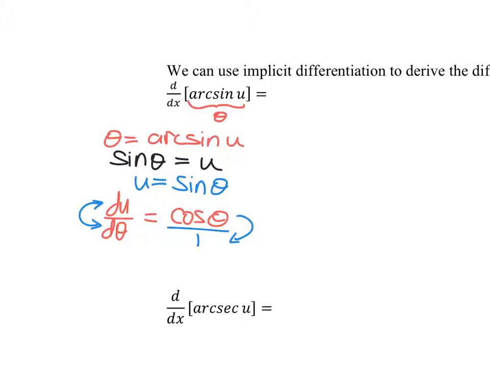In a proportion, you flip one side, you can do that as long as you flip the other side. So I got d theta/du, all right, cool, is equal to 1 over cosine of theta, which you might write as secant. I'm not going to, but you could. Poor quality equal sign, so I'm going to fix that right quick.